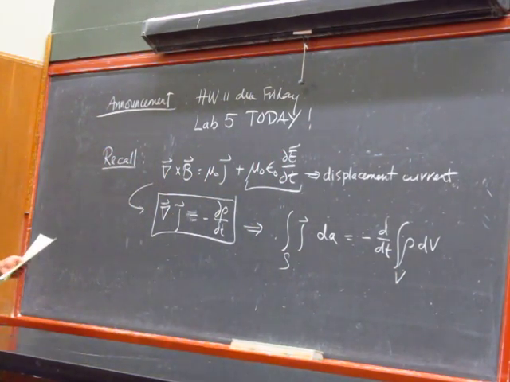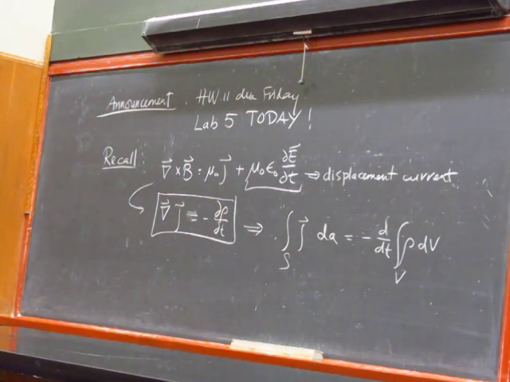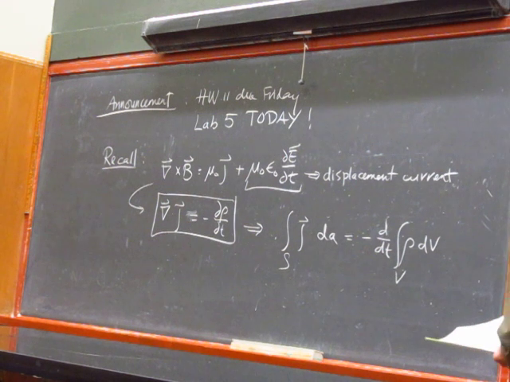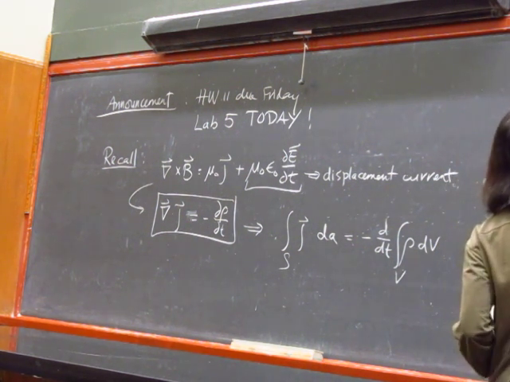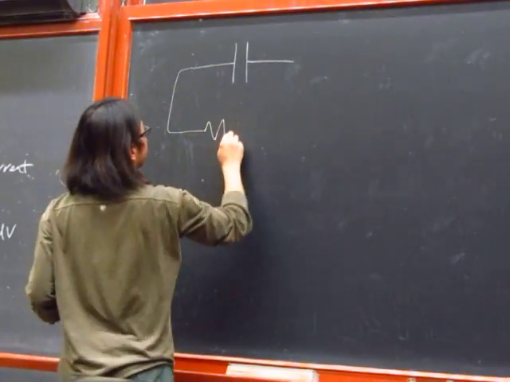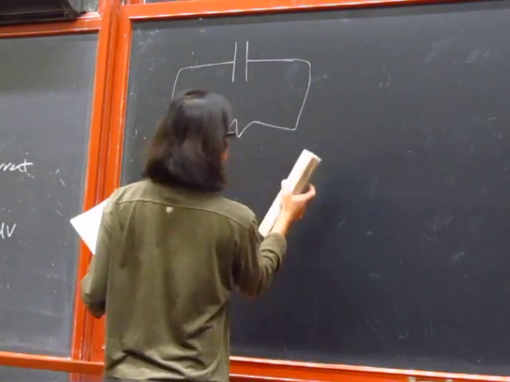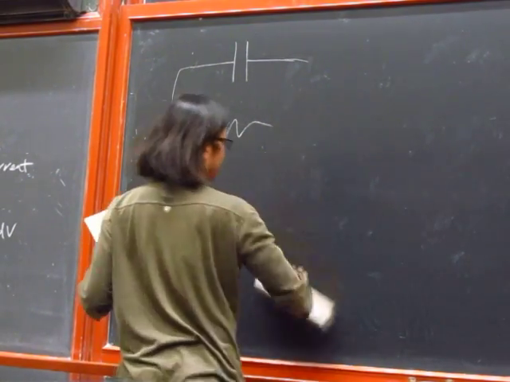Okay. So let's look at an example, the paradox that we encountered when we talked about this on Monday. So let's look at the discharge of a capacitor. And for the purpose of this problem, I can make this line.